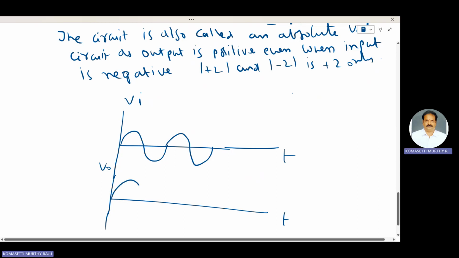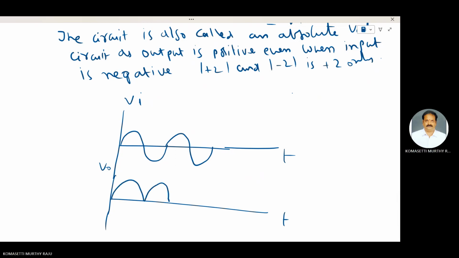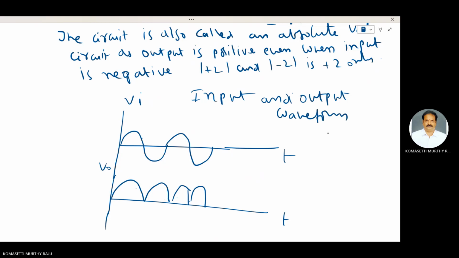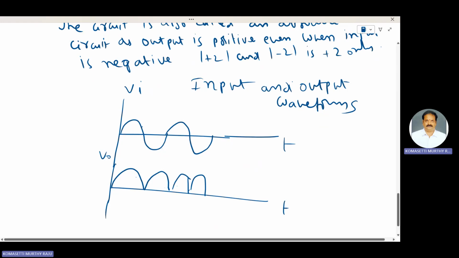The waveform is like that. Input and output waveforms. With this, the analysis is completed.